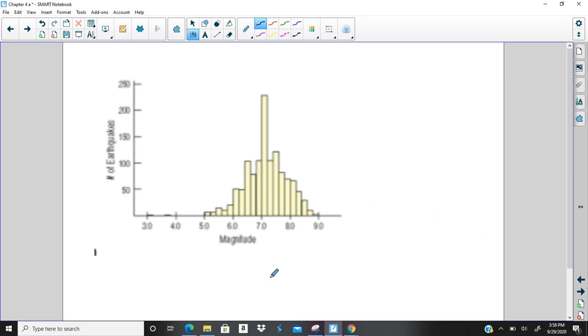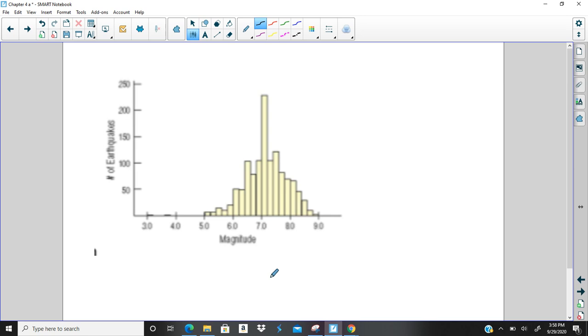So this picture of the earthquake, let me tell you what I would say about it. I would say that its shape is unimodal. Its shape is roughly symmetric. I would say that its center is approximately 7.